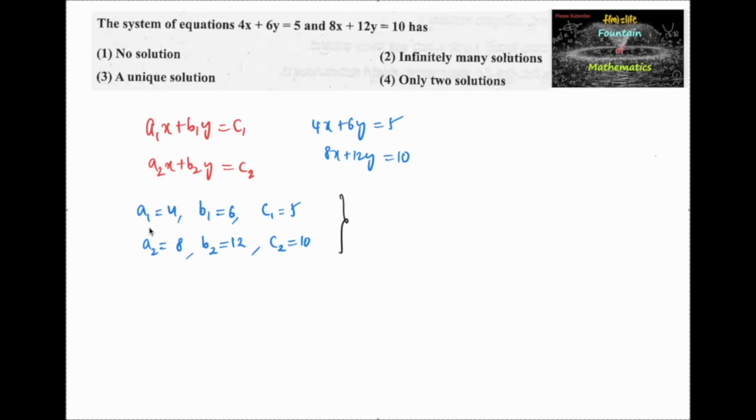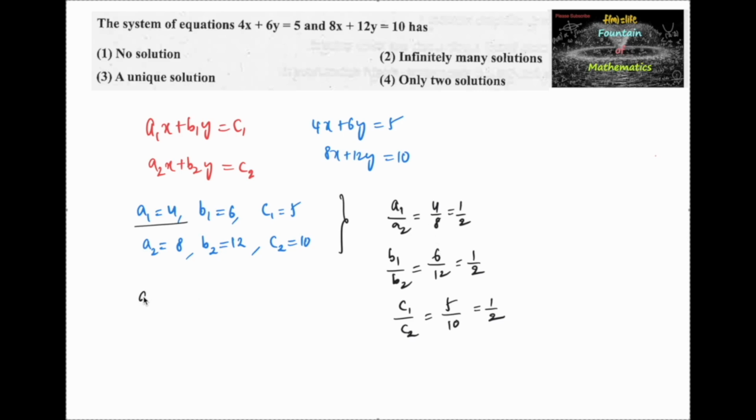So from here we can say a1 by a2 is 4 upon 8, which is equal to 1 by 2, and b1 upon b2 is equal to 6 upon 12, which is again 1 by 2, and c1 upon c2 is equal to 5 by 10, which is again 1 by 2.